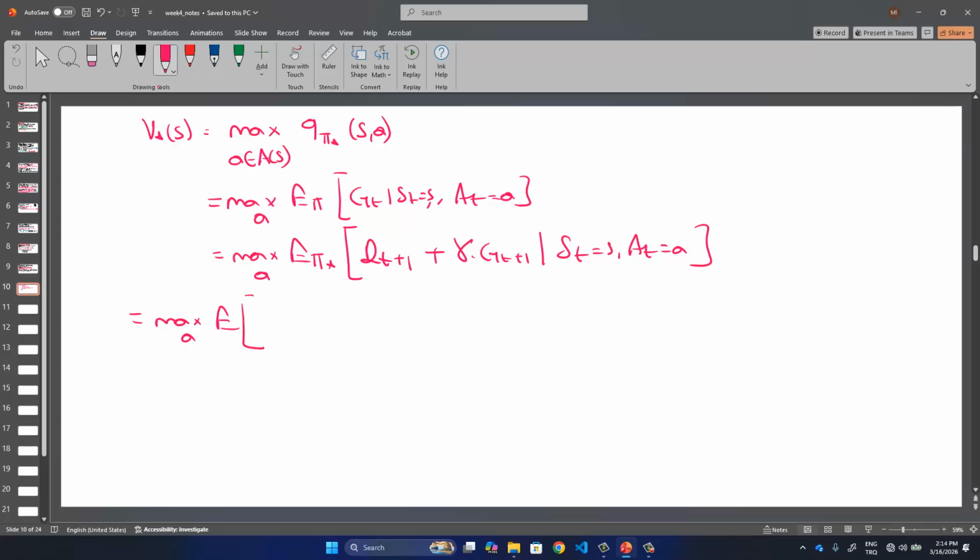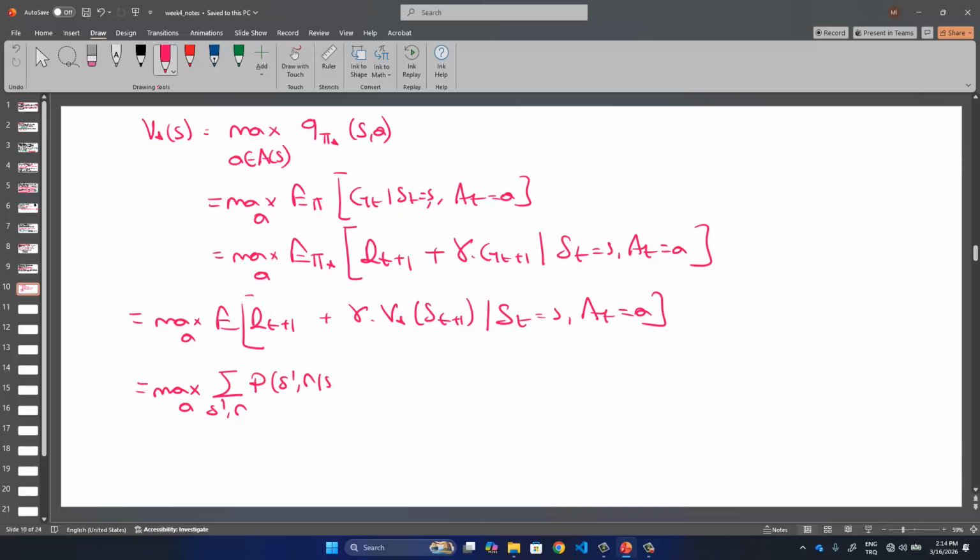Just see that this pi star goes inside. And after that, maximizing over a, the sum over s prime, r of p of s prime, r given s, a, times r plus gamma times v star of s prime can be rewritten here.